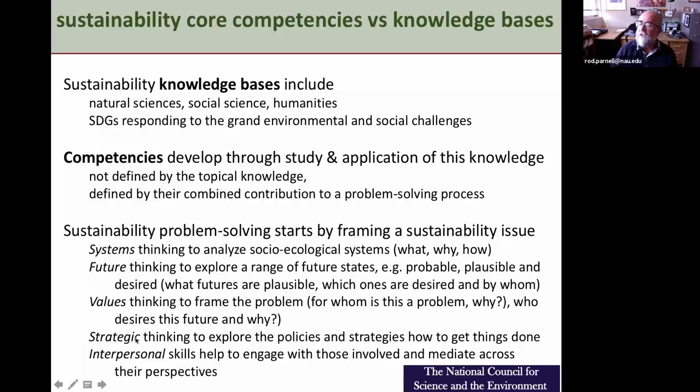We can think strategically about how to explore different options and the politics, strategies, and management necessary to get things done. And then we can also talk about interpersonal skills with respect to how to most effectively meet with and integrate different perspectives from different kinds of communities and cultures.